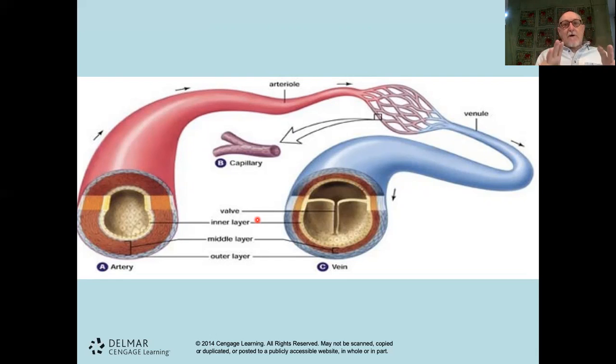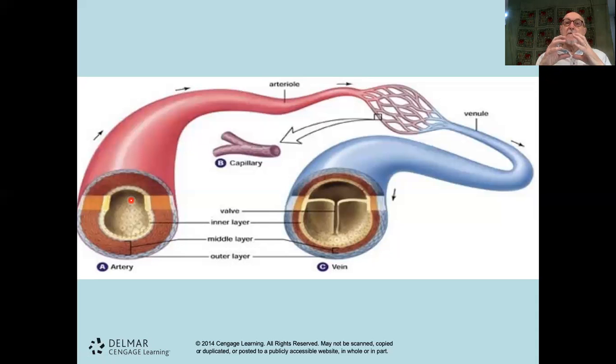The structure of those vessels is quite different. The arteries are thick-walled with a very heavy muscular layer, and that muscular layer can contract in response to the heartbeat to maintain blood pressure through the artery. Think of it this way: if the artery was thin-walled, as the heart beat, the artery would simply expand like that, and it would dissipate the pressure of the heart.